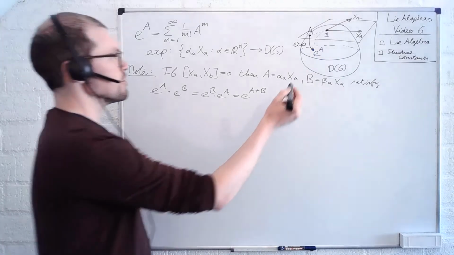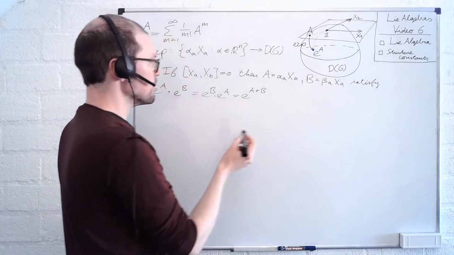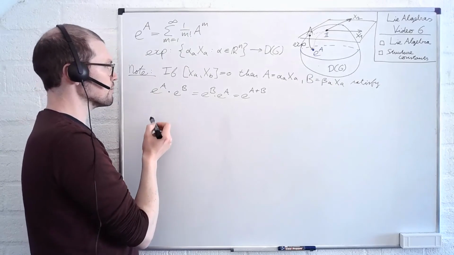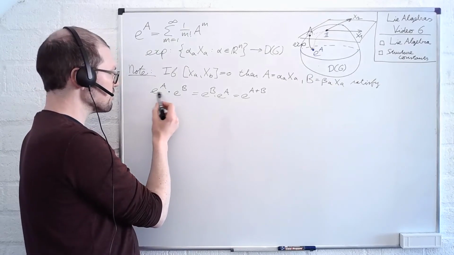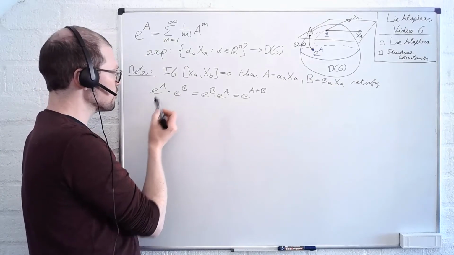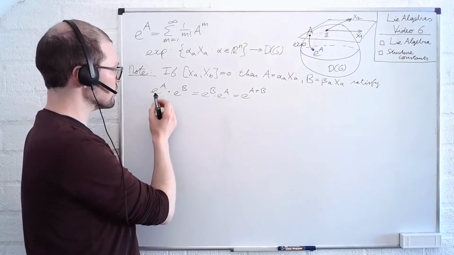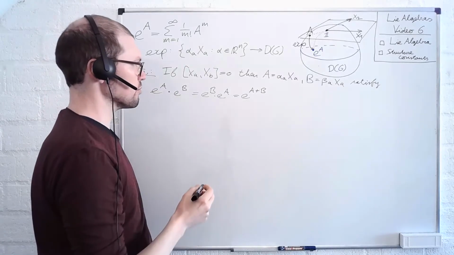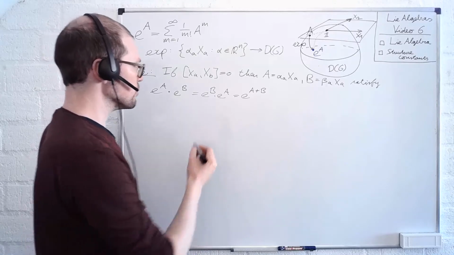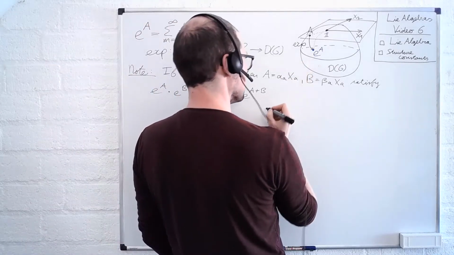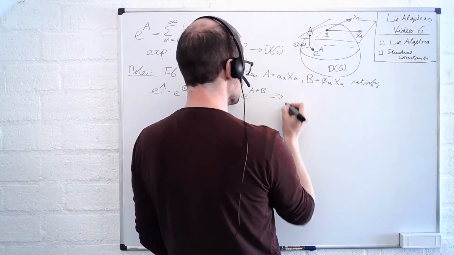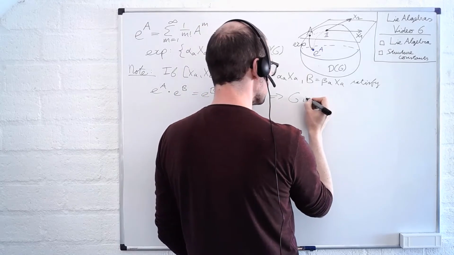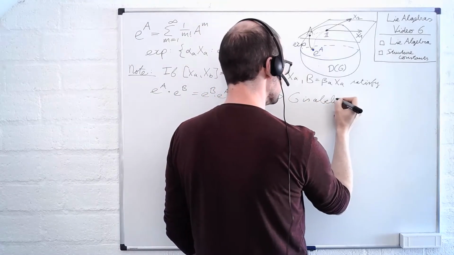Well, I said every group element can be written in such a form, and this says that if I take the group multiplication of two elements, then the order does not matter. So this group is abelian. So this means that G is abelian.